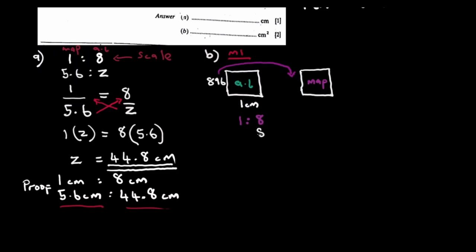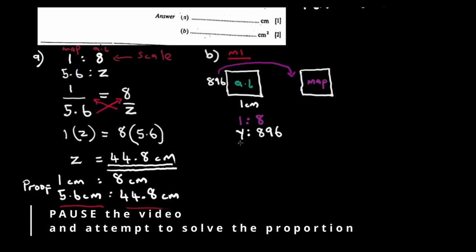So here 896, because this is the tier or the column which is representing actual length, and what we are looking for is the scale length. We can represent it with, say, y, right?